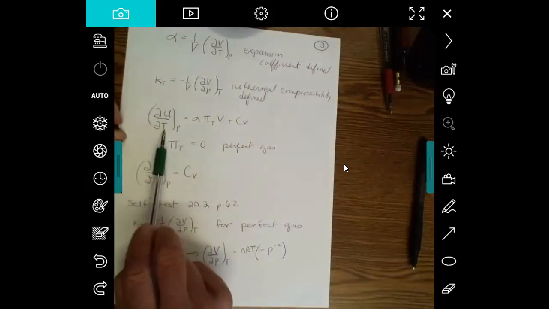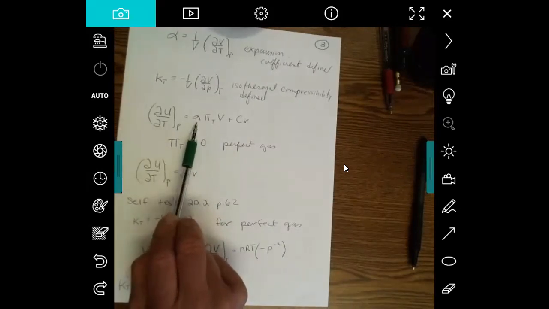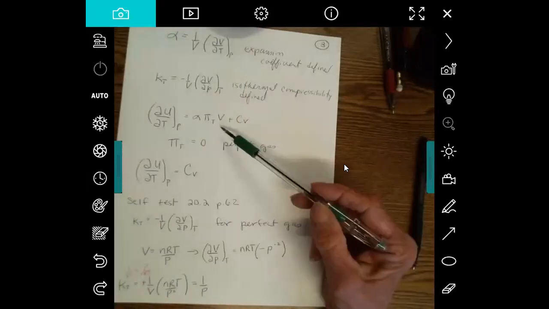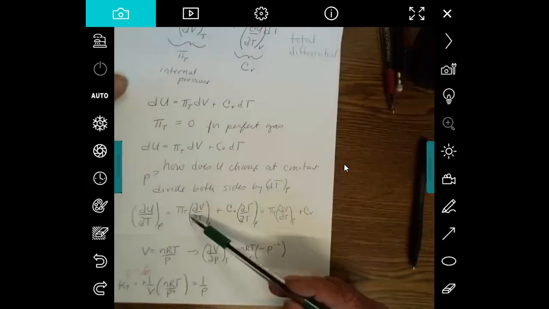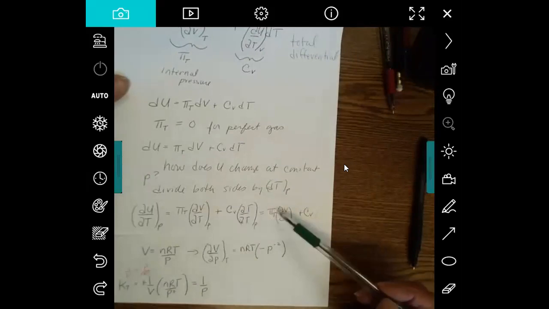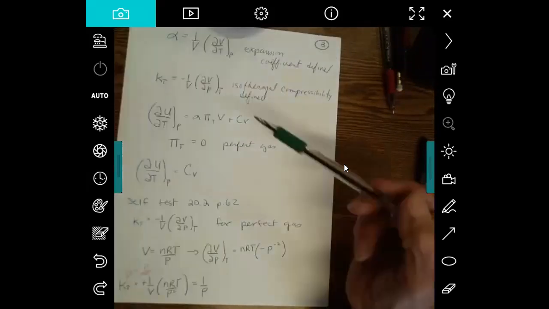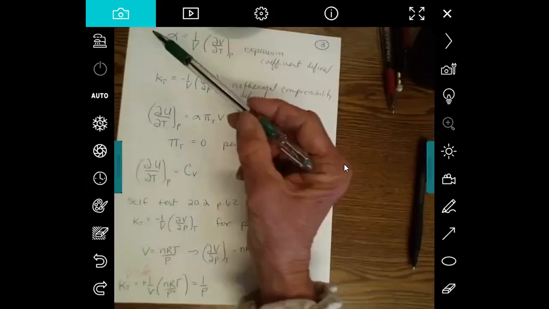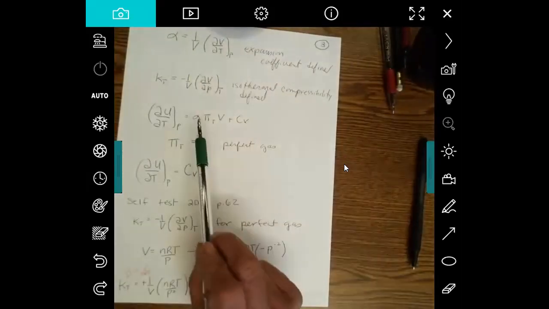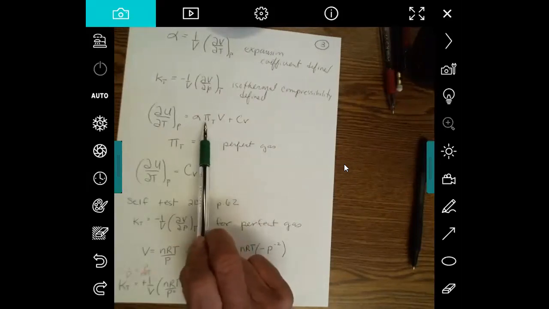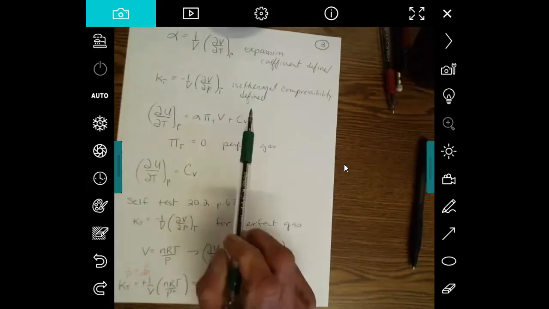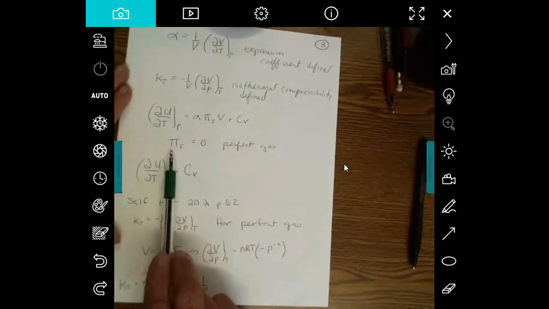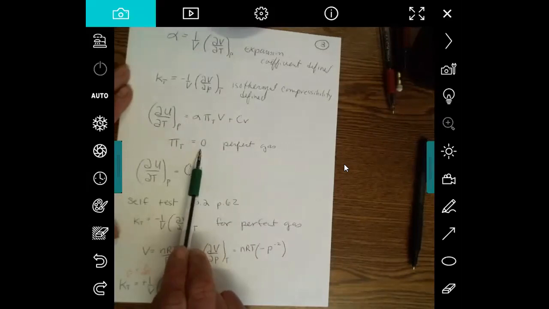So if we go back, we can put this in here. We ended up with pi_T, dV/dT at constant p. If we look up here, dV/dT at constant p is equal to alpha times V. So I can put alpha times V pi_T into the expression. And it is going to be true that for a perfect gas, pi_T is equal to 0, we said.